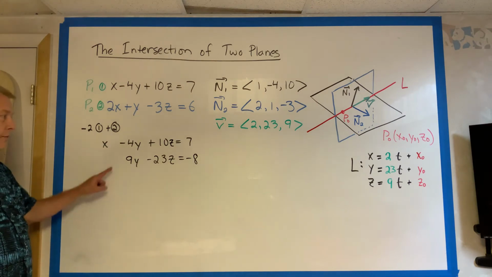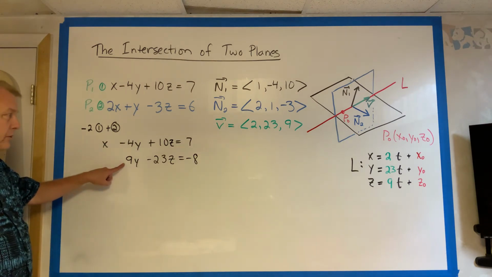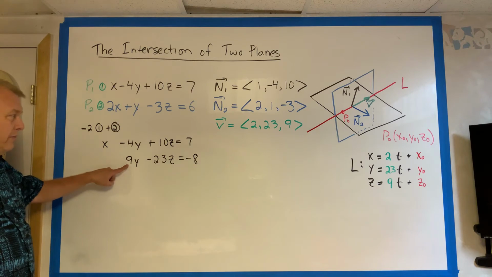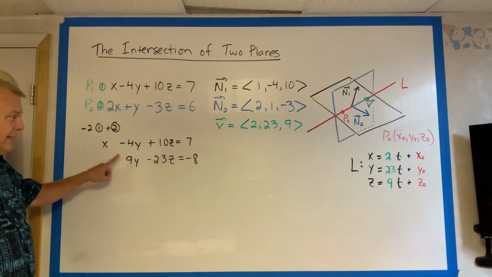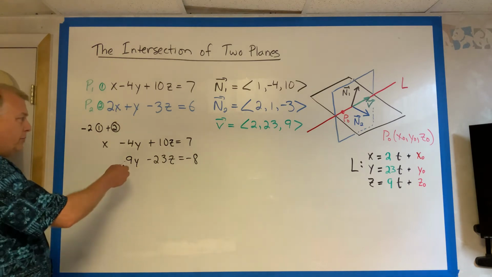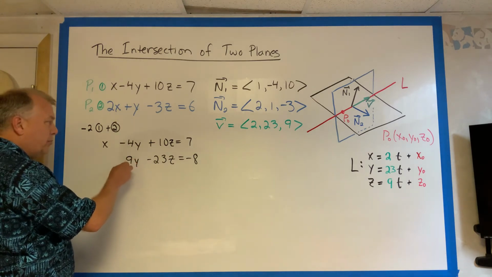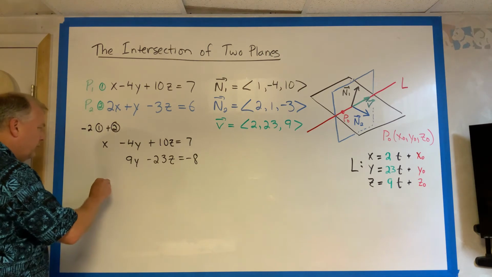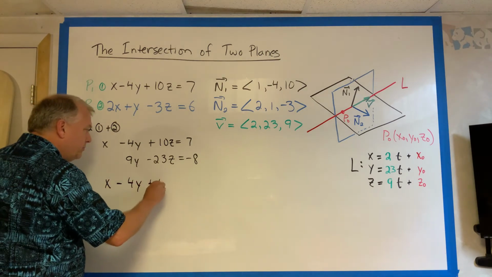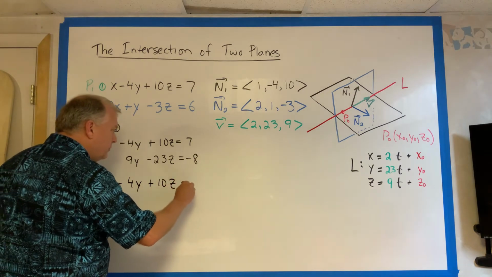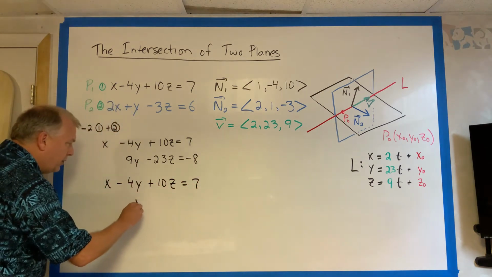Okay, now I'm going to find out what I need to do to isolate this y. I want to get rid of this y right here. So I have x and y isolated. So first I'm going to divide the second equation by 9. Rewrite the whole system. Divide the second equation by 9.